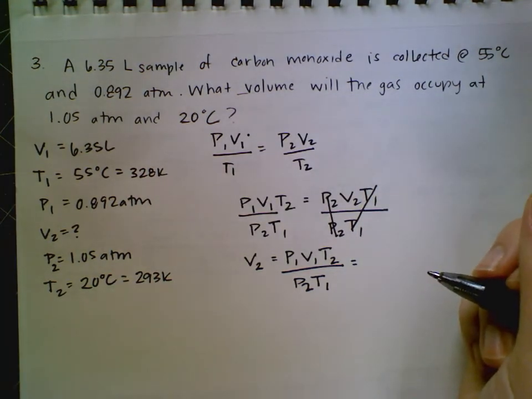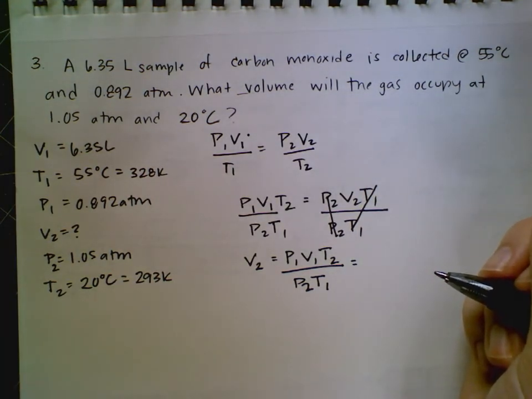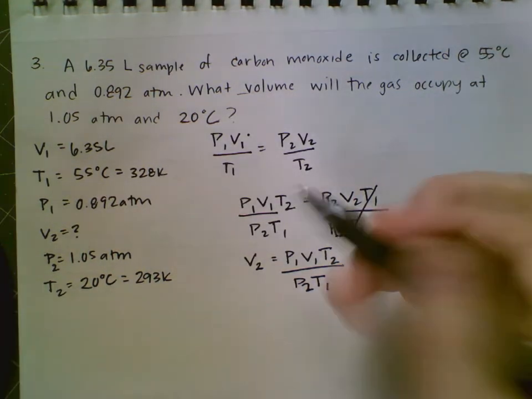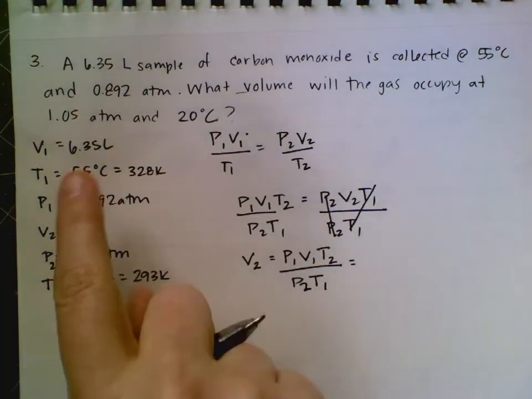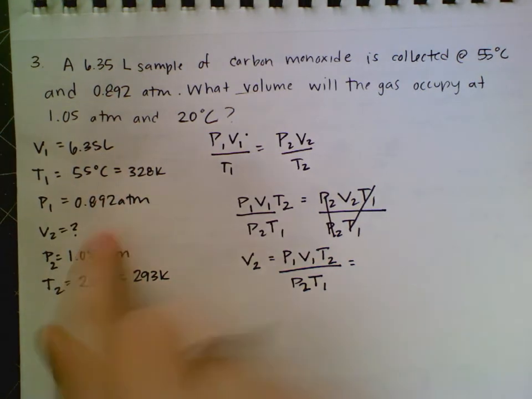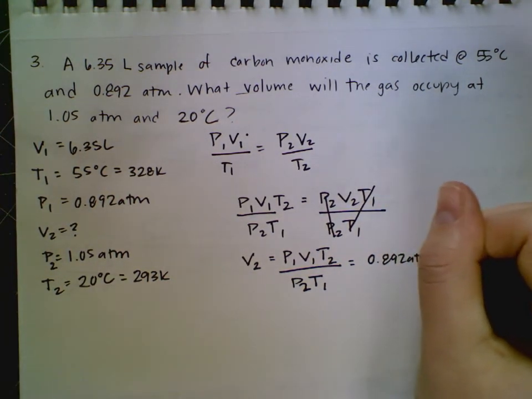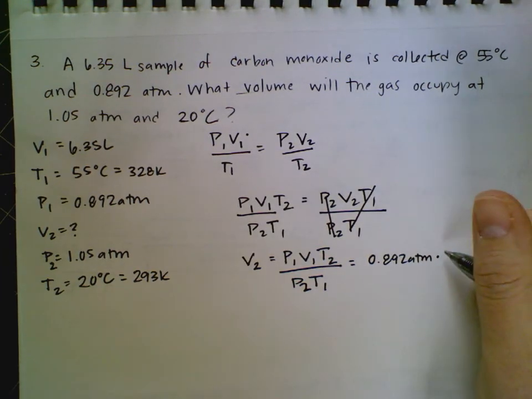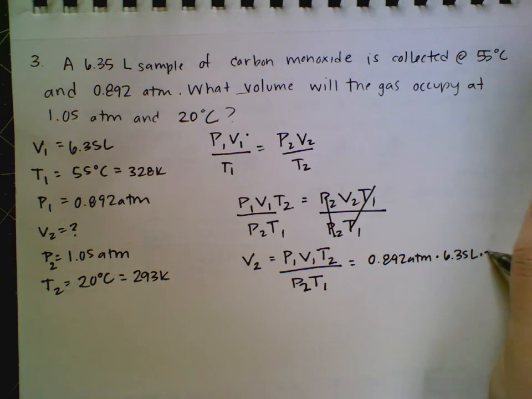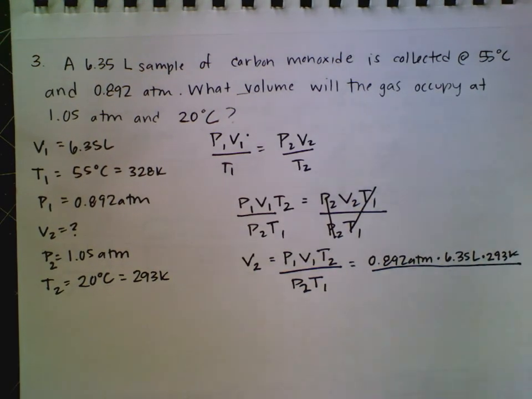So let's make sure we can read our list here carefully and put them in. So P1 is going to be 0.892 atmospheres times V1 is 6.35 liters and T2 is 293 Kelvin. Okay, so we got that right.